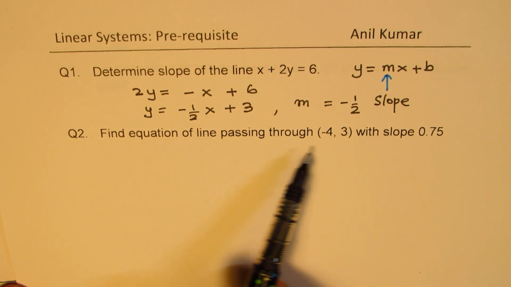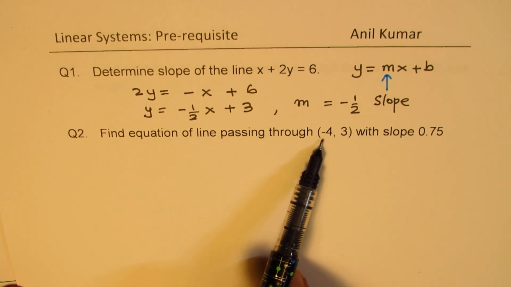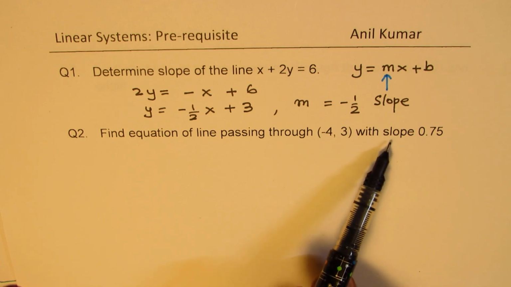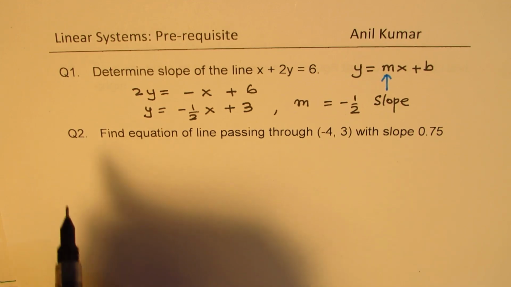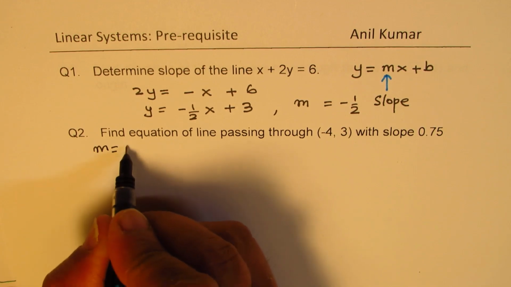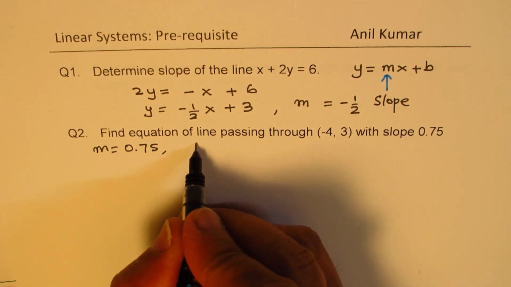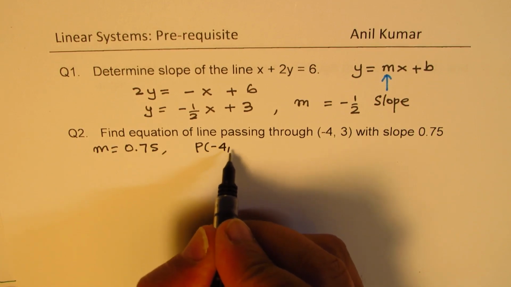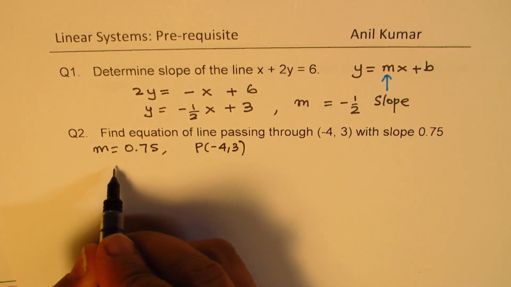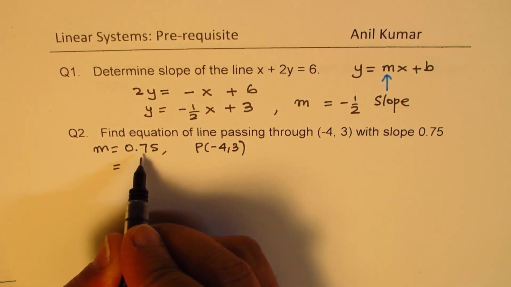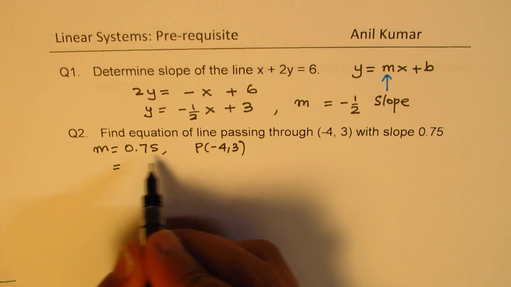Find equation of line passing through minus 4, 3 with slope of 0.75. So we are given slope m as 0.75 and we are given a point which is minus 4, 3. Now 0.75 can also be written as 3 over 4.